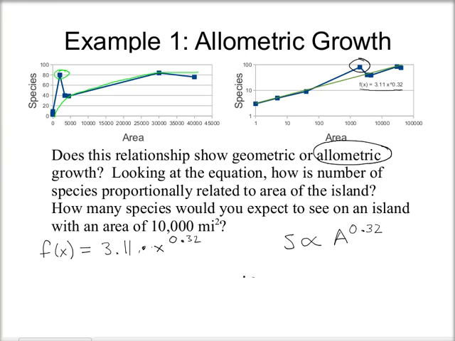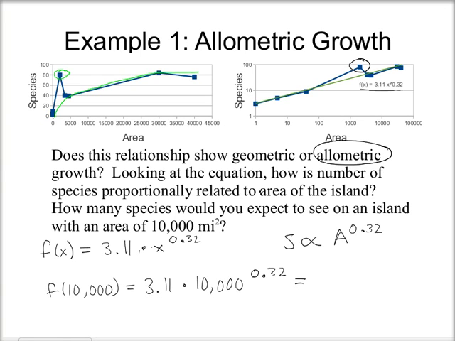And lastly, I want to find how many species I would expect to see on an island with an area of 10,000 square miles. To find that, I would just need to plug 10,000 into my equation here. So I get f of 10,000 is equal to 3.11 times 10,000 to the power 0.32.